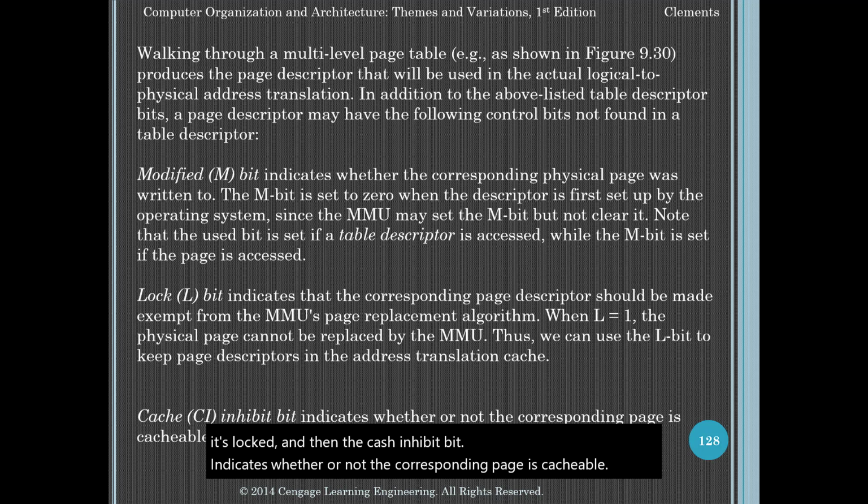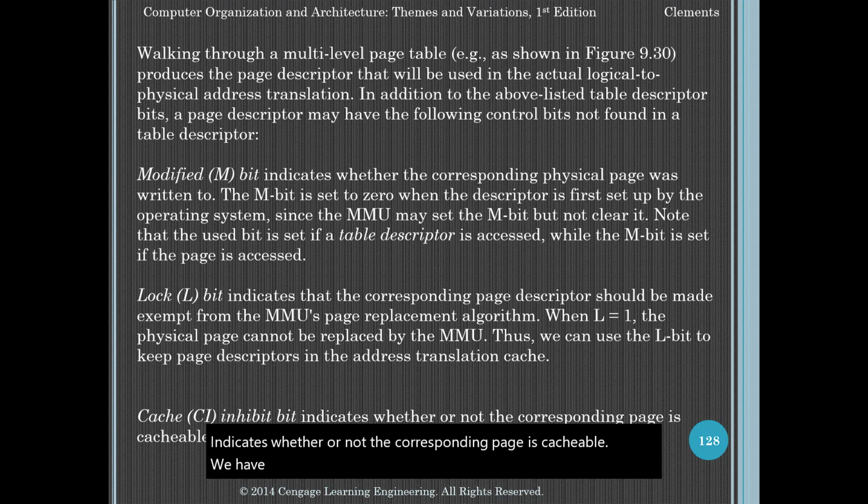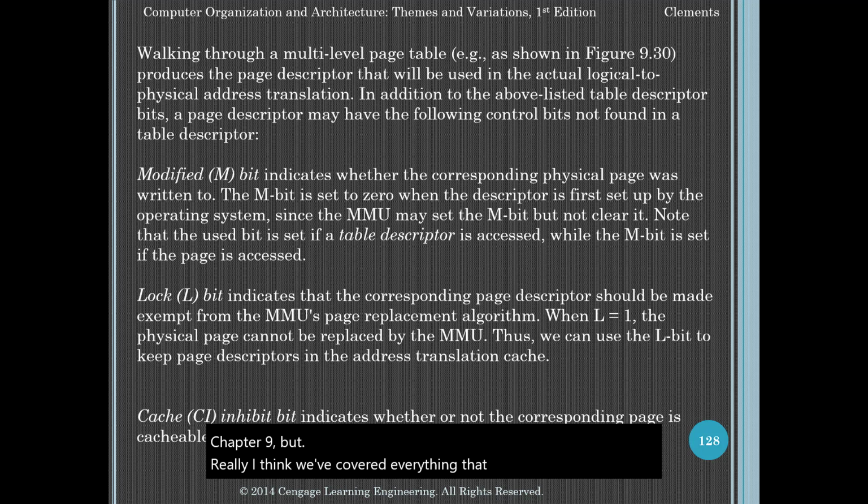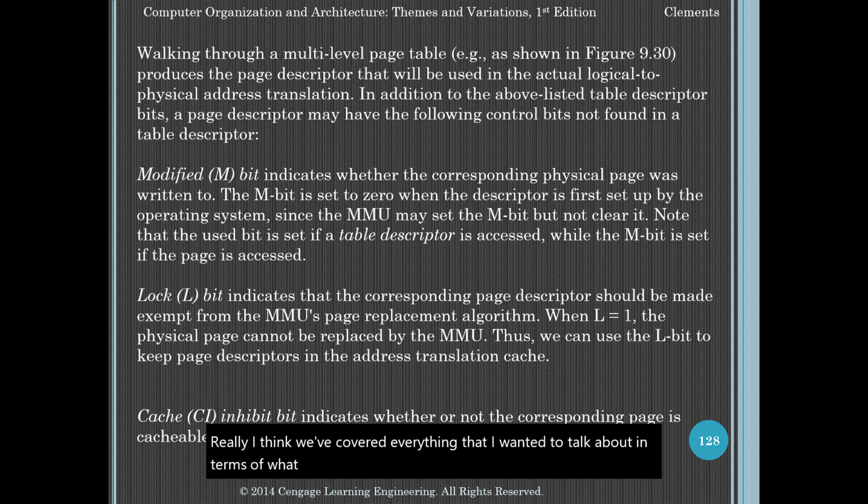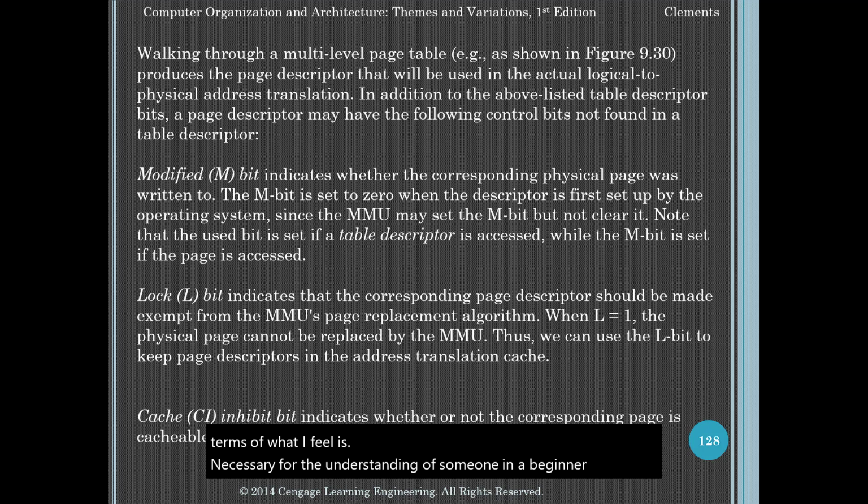So we have reached the end of Chapter 9. Now, we didn't cover all of Chapter 9, but really, I think we've covered everything that I wanted to talk about in terms of what I feel is necessary for the understanding of someone in a beginner course on computer architecture, right?